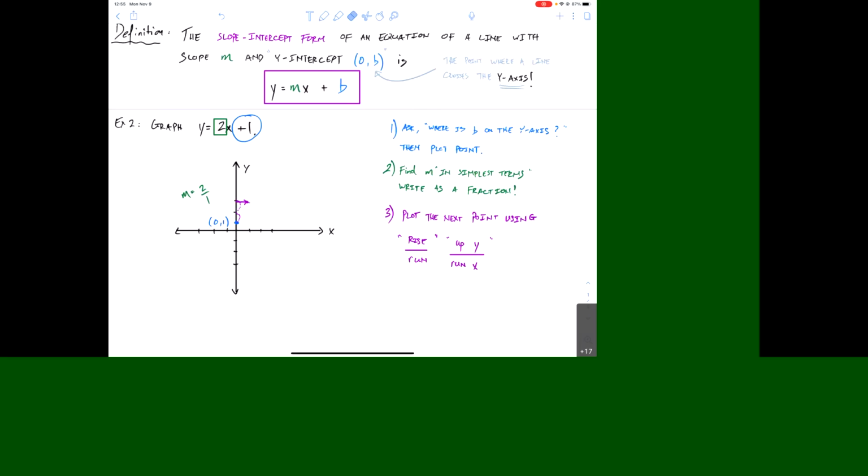Let me make this a little bit clearer. So you plot the second point right there, and all of a sudden you have 2 points, and then you can graph your line. No, that's not good. A little bit steeper. There we go. Yeah, that should be good.